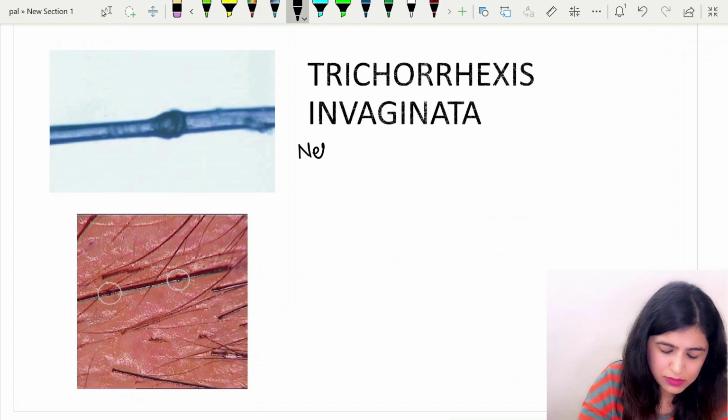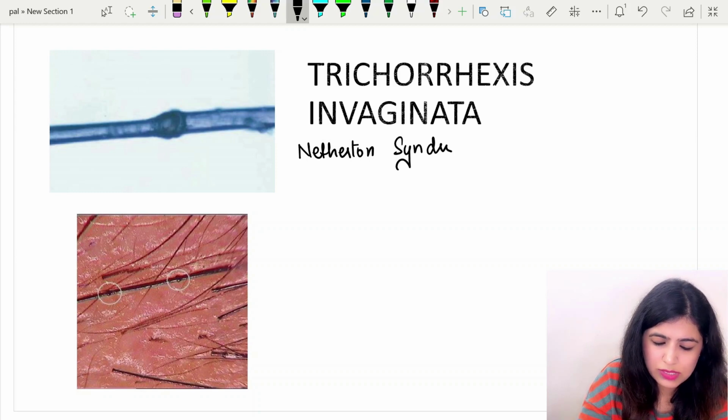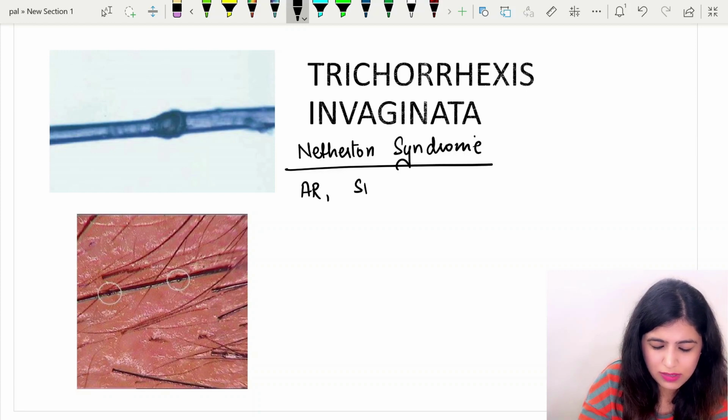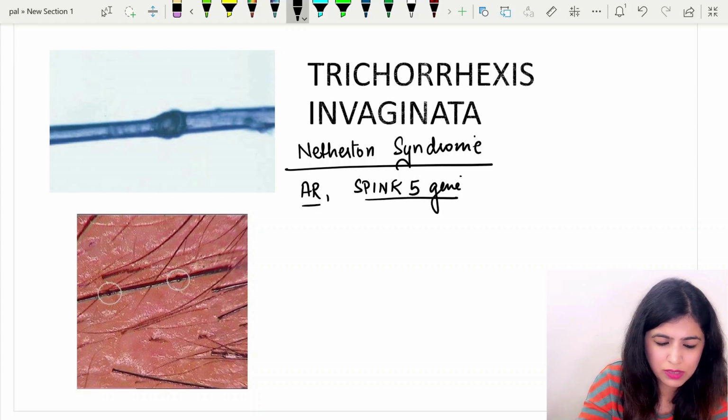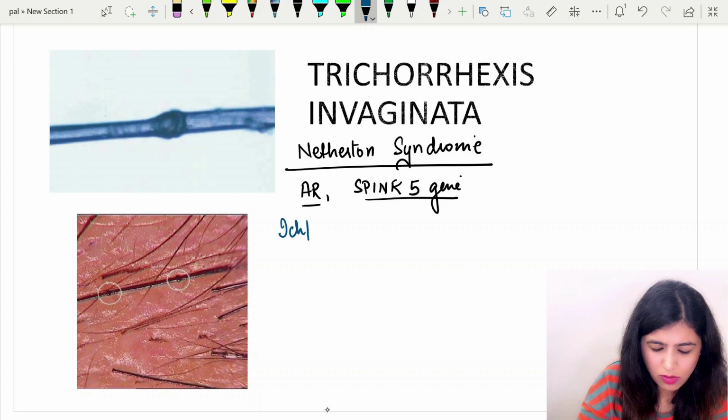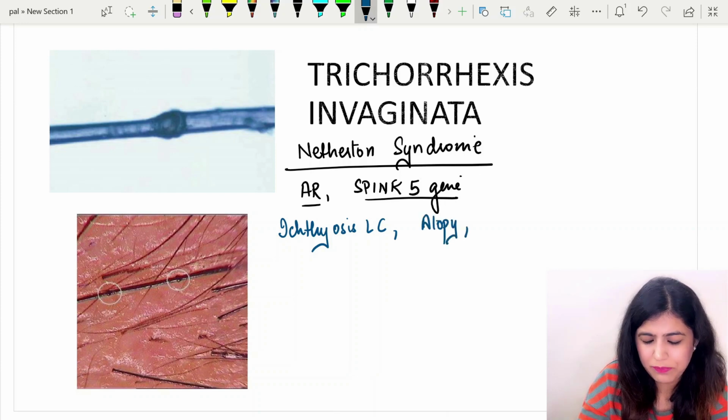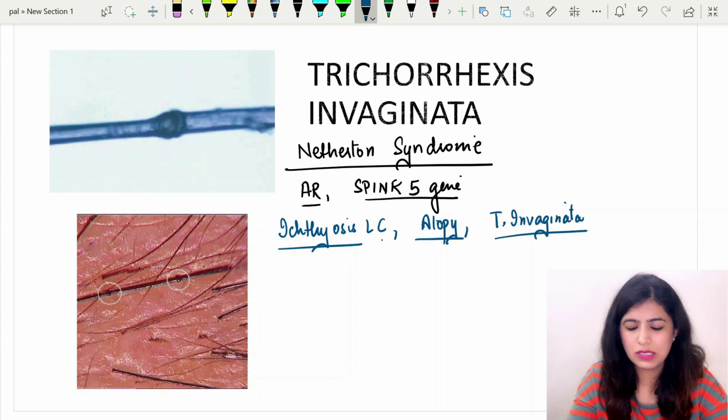This is seen in a disorder called Netherton syndrome, which has an autosomal recessive inheritance, mutation in the SPINK5 gene, which codes for a serine protease inhibitor, leading to a triad of ichthyosis linearis circumflexa, with atopy, with trichorexis invaginata. So this is the triad that you see in Netherton syndrome.